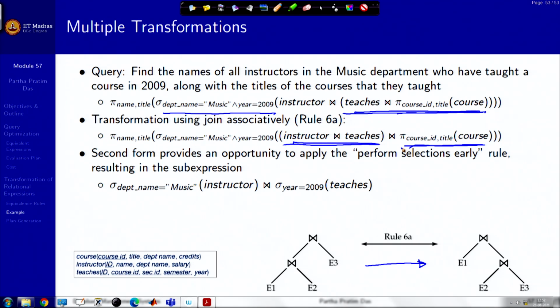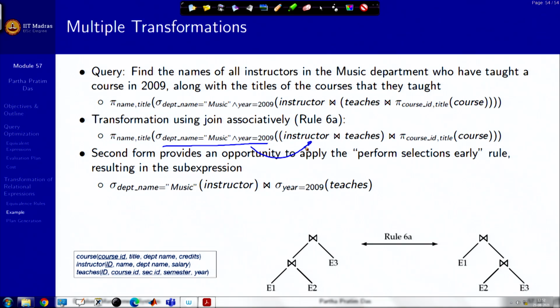Now, again we can perform the selection first, as we have seen, we can push the selection. So, instead of doing the selection on this entire join, we can simply push this on the first relation, which is the join of instructor and teachers, and then join with this.